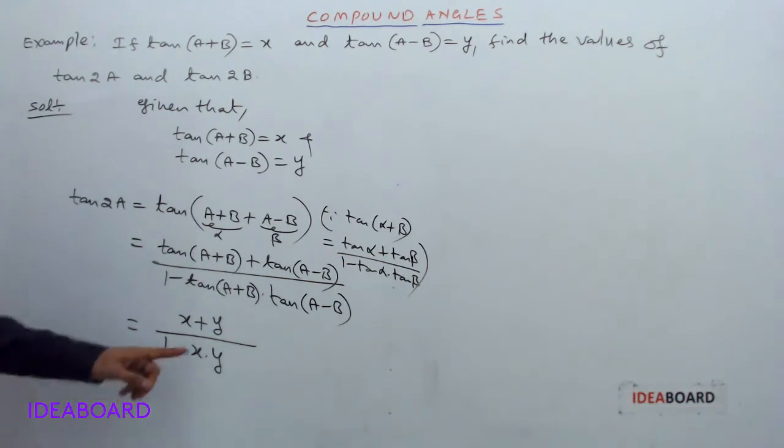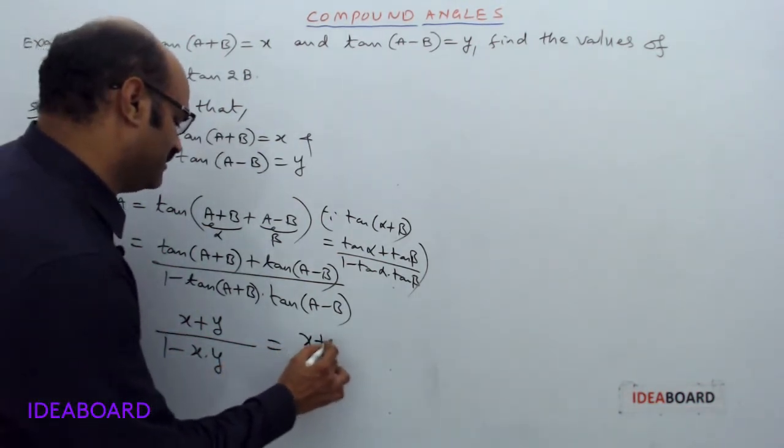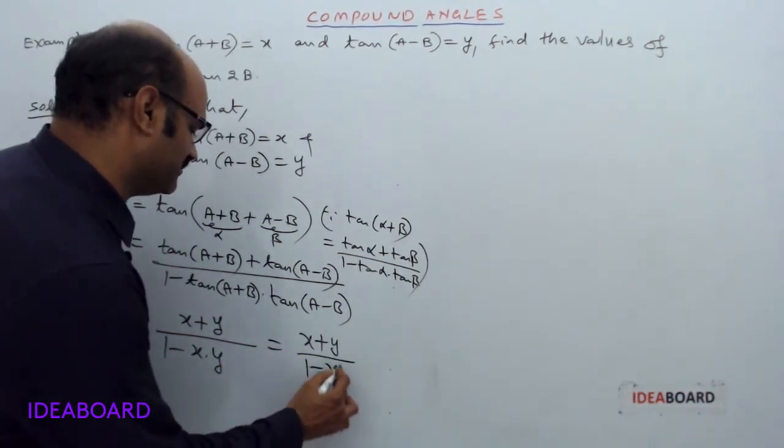So we are getting x plus y by 1 minus xy.